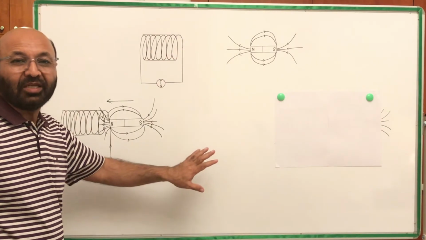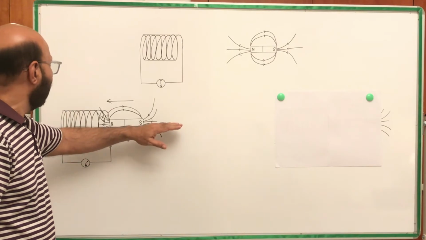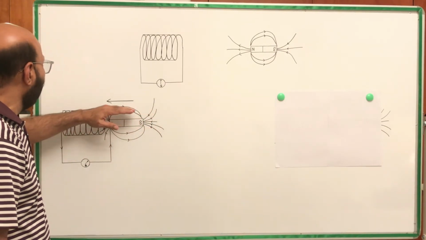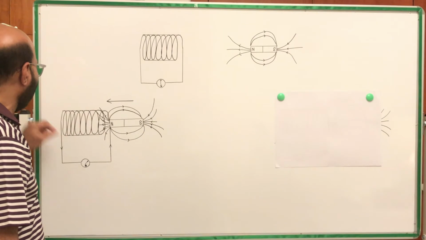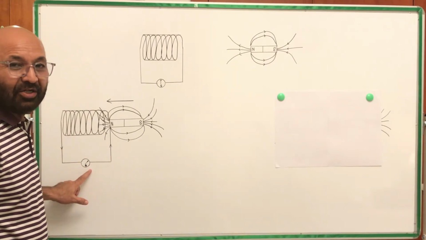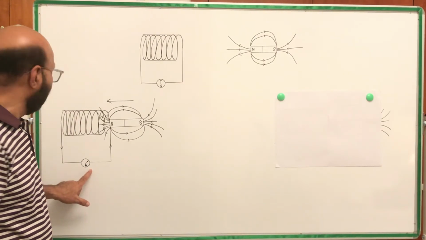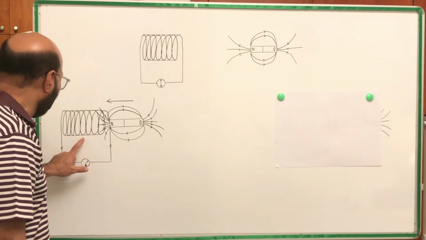He continued his research and reached a stage where he moved the bar magnet towards the solenoid, and he noticed the galvanometer needle deflection, and that was the sign that current was induced in the solenoid.